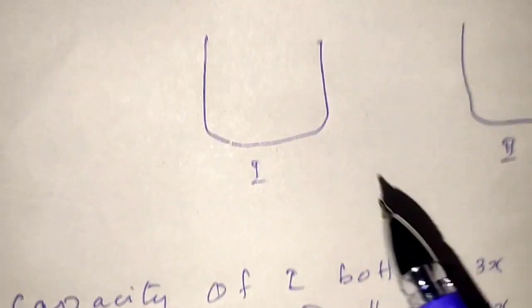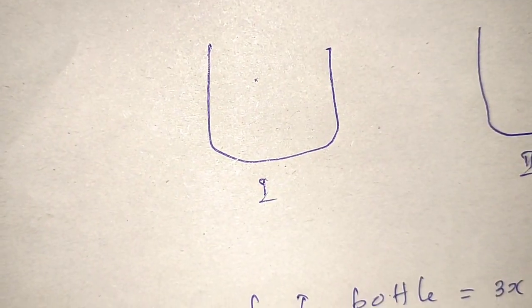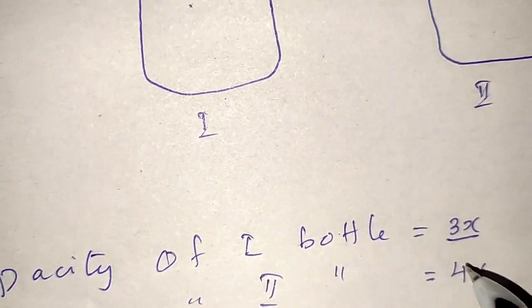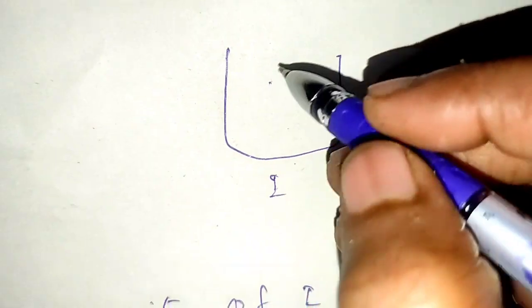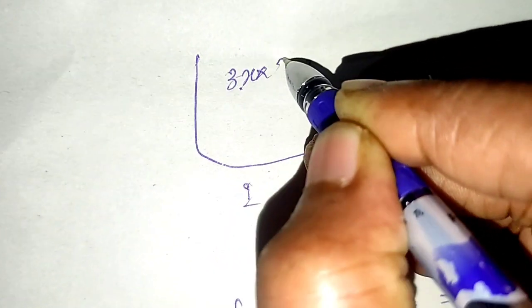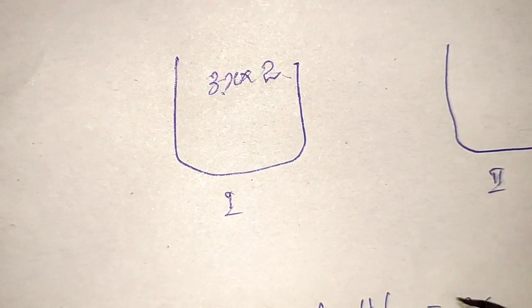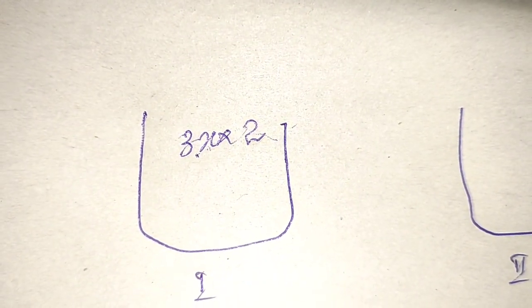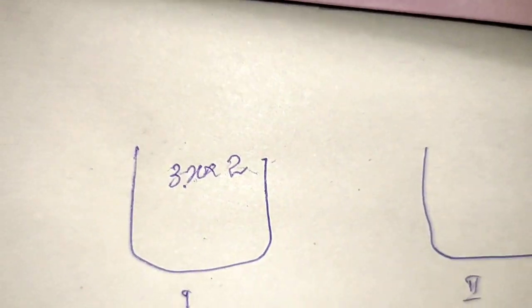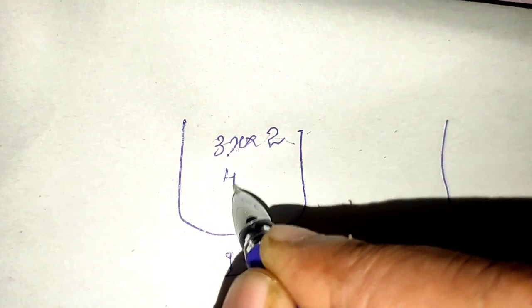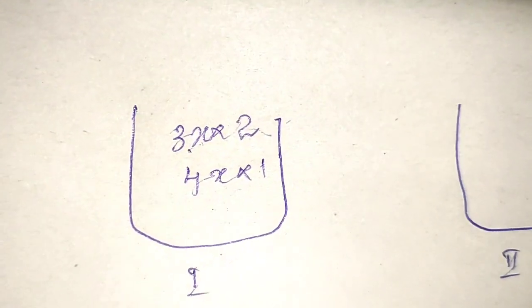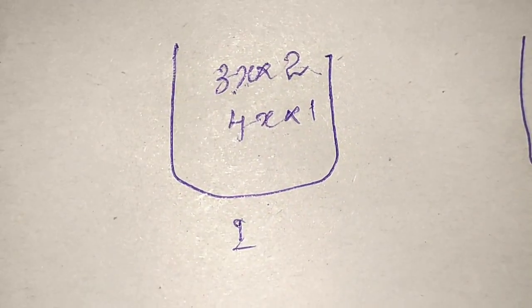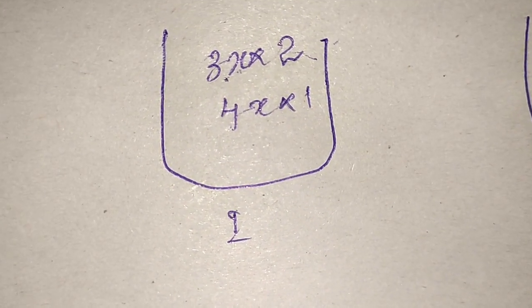Then in the first vessel, the smaller bottle was filled twice, that means 3x 2 times, and the larger bottle was filled only one time, 4x into 1.